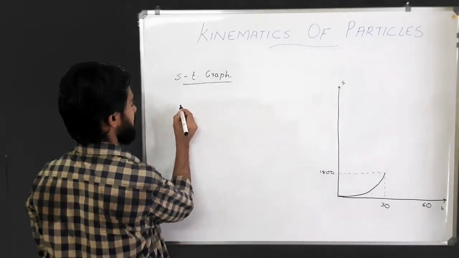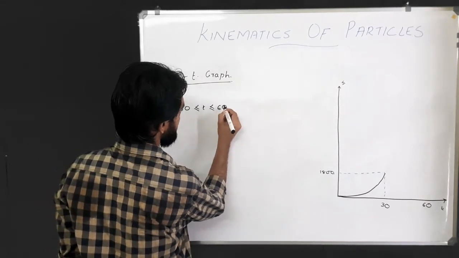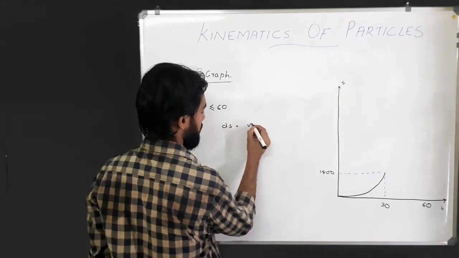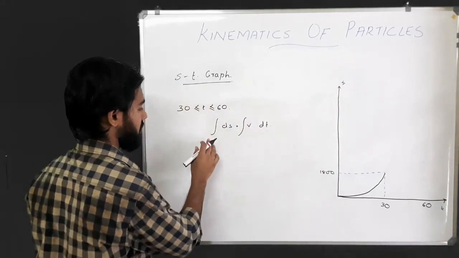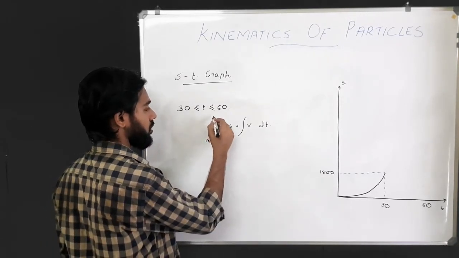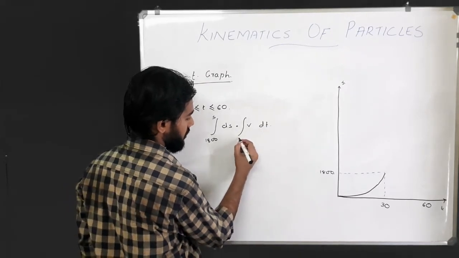Now moving on to the second stage, between 30 and 60 seconds we use the same equation, ds equals v dt. Integrate both sides, ds from 1800 to s, v dt, time from 30 seconds.